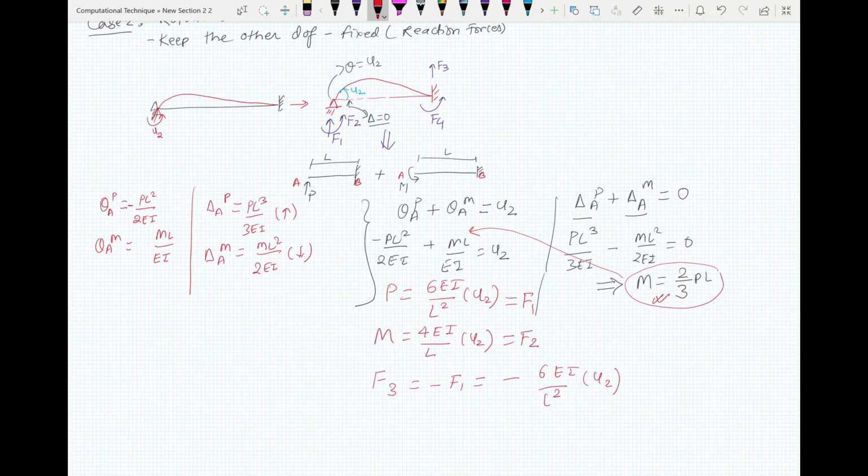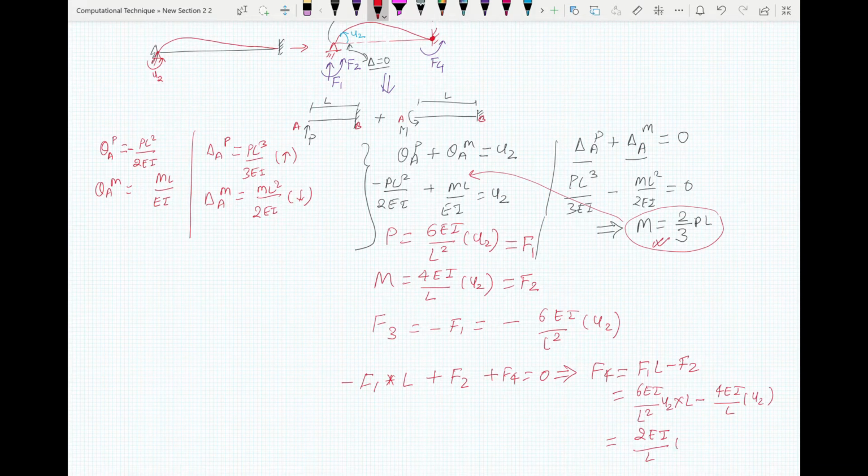For F4, you have to take the moment there equal to 0. So in the equilibrium case, it will be F1 times L negative, plus F2, plus F4 equals 0. Now this implies F4 is 2EI by L U2. Now we have our F3 and F4 as well.